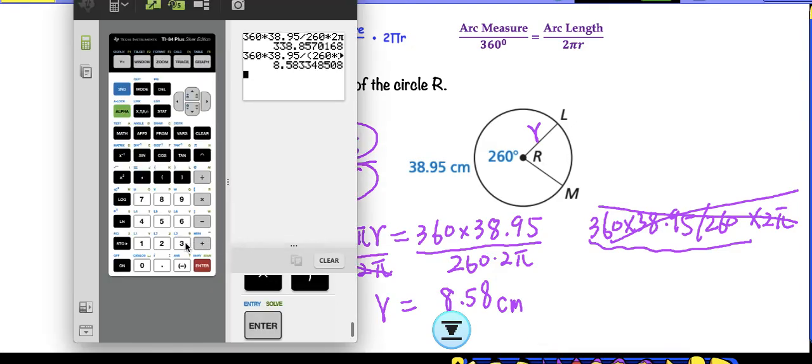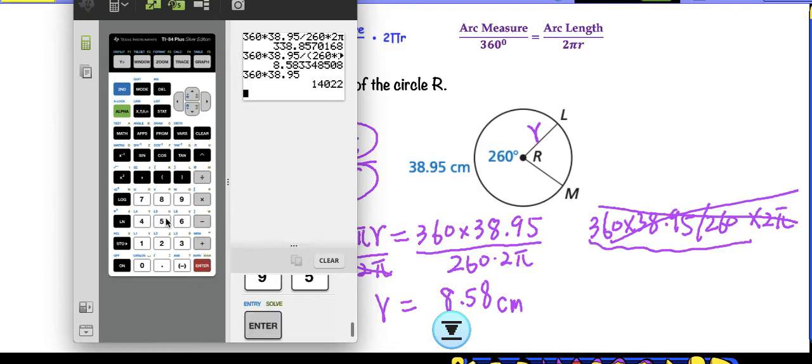So if I do the top, 360 times 38.95, okay, I made a mistake here, 0.95, so that's the top one.